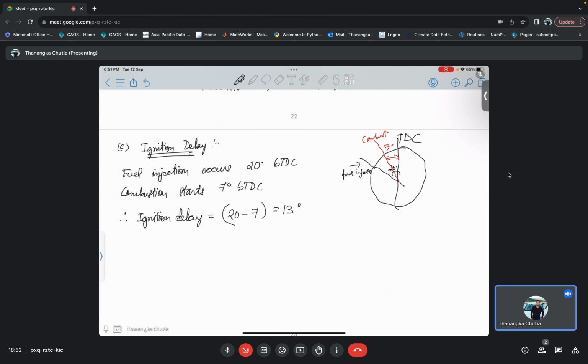Now this ignition delay in seconds we can write. Ignition delay in seconds will be equal to, similar to that, 13 by 360 revolutions it will make if the crank angle is 13 degree, and the RPM is 2400 divided by 60 revolutions per second.